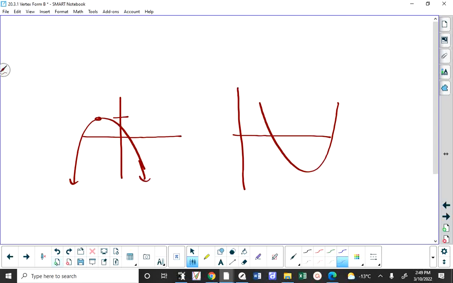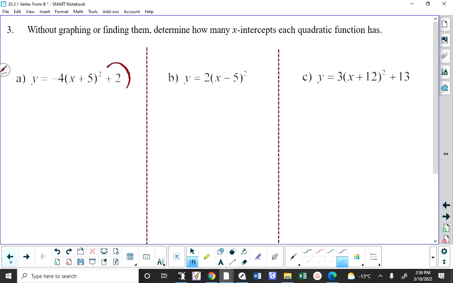If the vertex is above the x-axis and it opens down, it's going to hit twice. If the vertex is below the x-axis and the thing opens up, it's got to hit twice. What we're looking at here for this question A is this Q value tells you that the vertex is above the x-axis, specifically at -5, 2. But the important part is Q is positive.